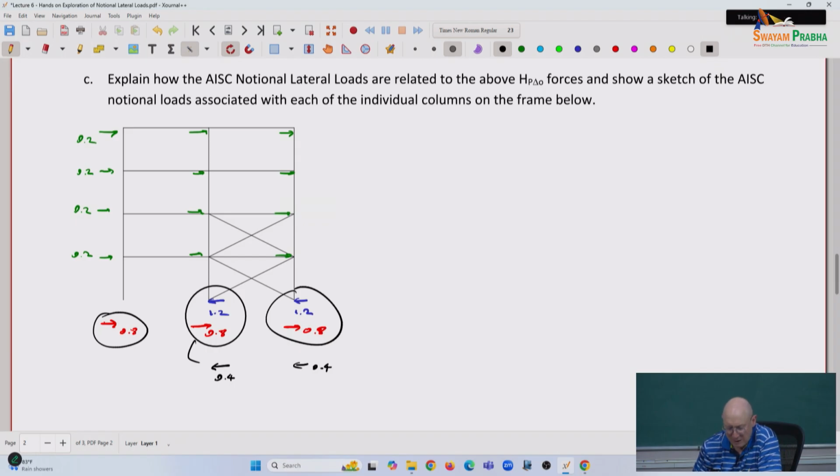Okay? And so the last question is, what do we expect the reactions to be at the foundation? Well, the sum of the reactions has to be 0. There's no physical lateral load on this frame.